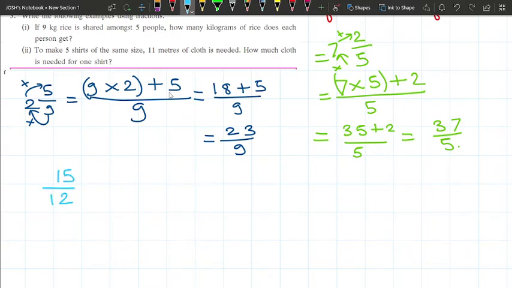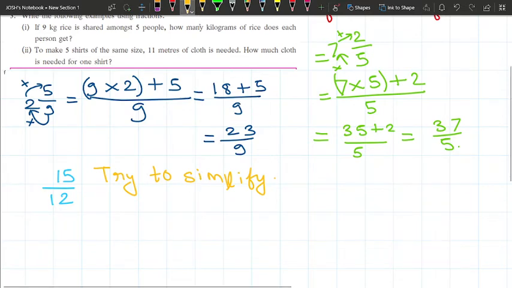So when you see such type of fractions, the first thing you should do is try to simplify, if possible. If you can simplify, then solving becomes very easy. So let us simplify the fraction first.